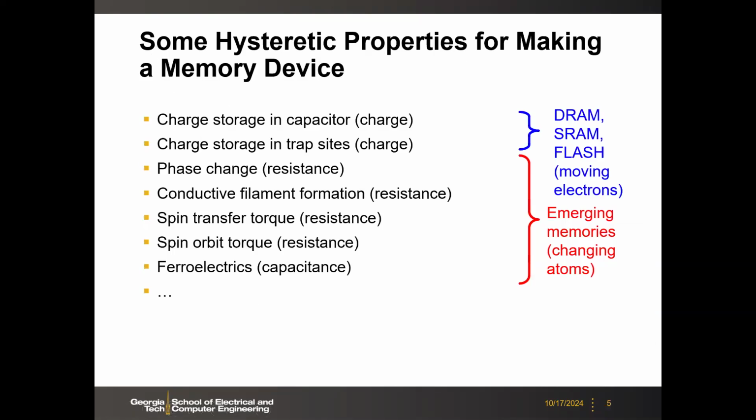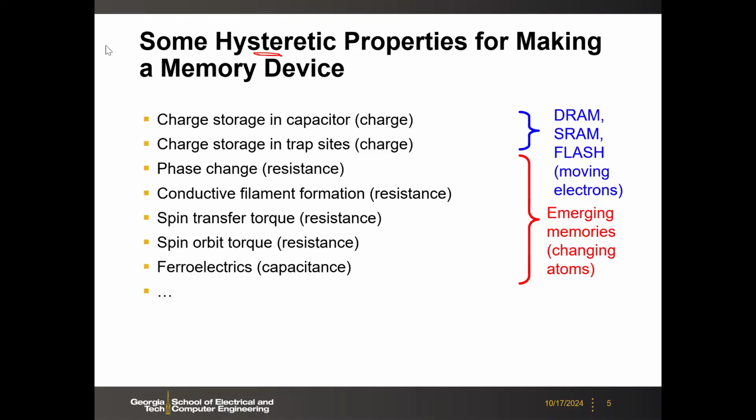So if you look at the mechanisms to store the data in the semiconductor, here you rely on the hysteresis. You need some hysteretic property as memory, right? Because you need to remember the state. If everything is linear, then you cannot distinguish.